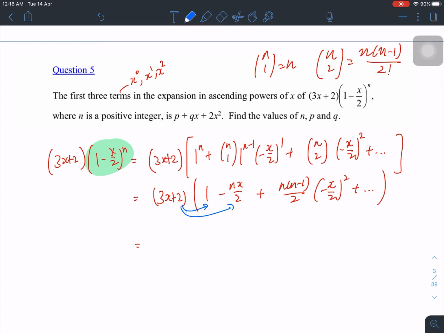If you multiply in these three terms, you should get what you want. Next, for the x term, if you multiply by 1, you get the x term. You multiply by the second x term, you get the x squared term. So you stop there. You don't multiply again, because otherwise you'll get an x cubed term.